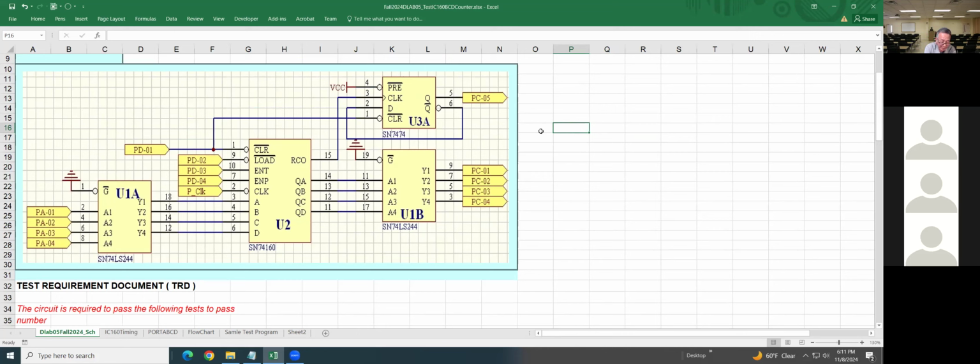RCO going high when counter reaches 9. Correct.